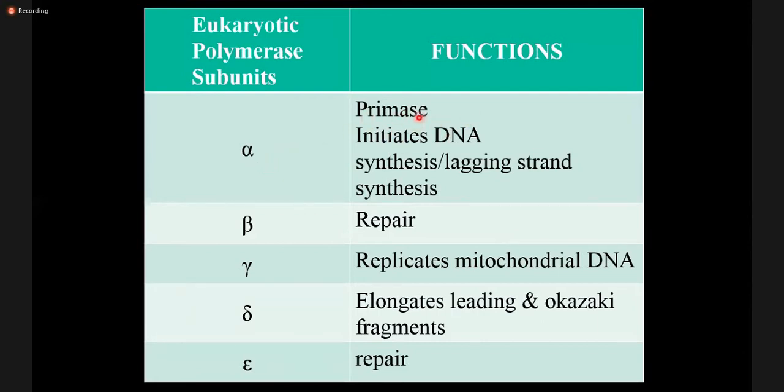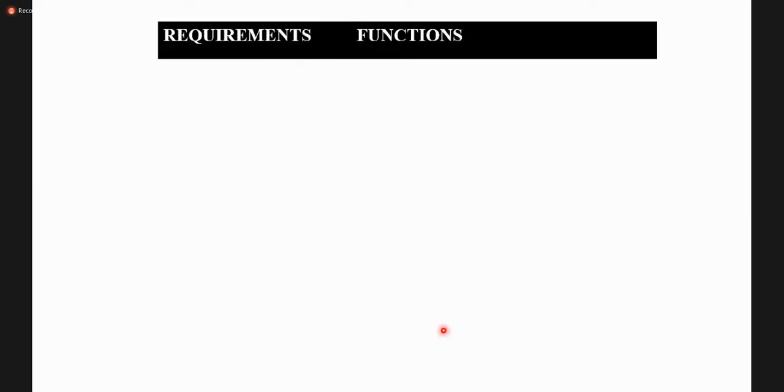It will synthesize primers. It will initiate DNA synthesis on the lagging strand. Beta subunit will help in the repair of the DNA structure. Gamma replicates the mitochondrial DNA, and sigma elongates both the leading strand and the Okazaki fragments, and epsilon will help in the repair of the DNA structure.